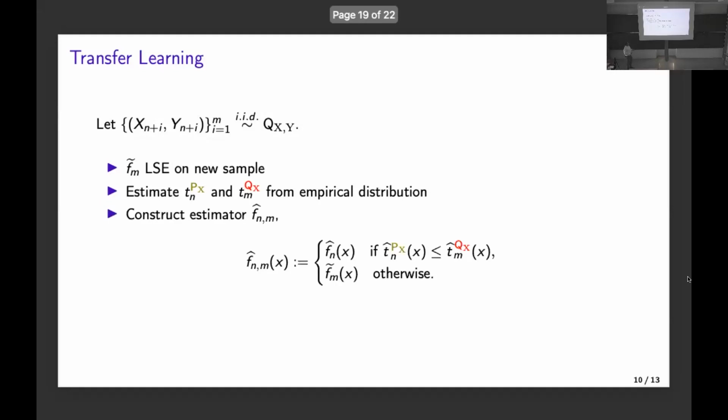And we construct our estimator by making both estimators vote based on the empirical spread function. So for a given point X in the space, we see which estimator has a smaller local rate on this point, and we pick it to predict.